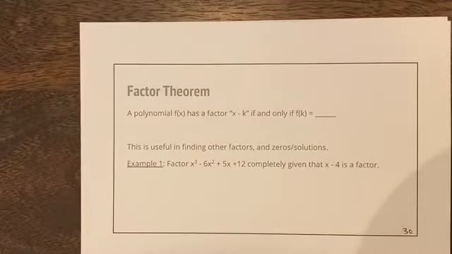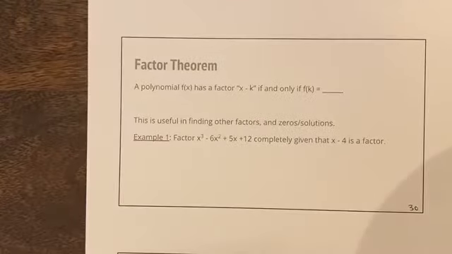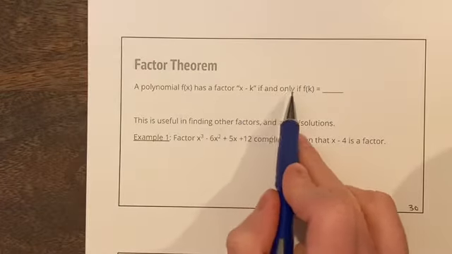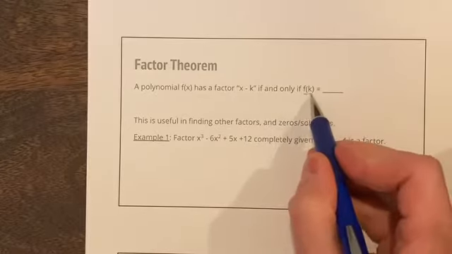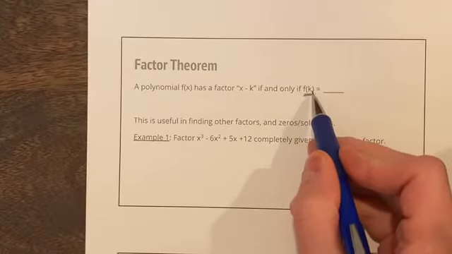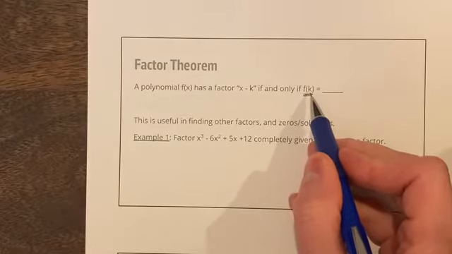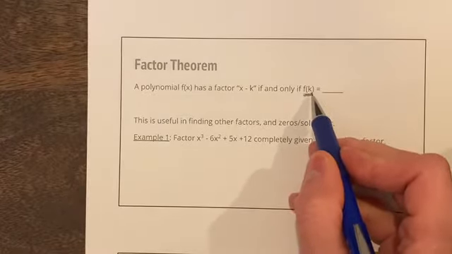Moving on to slide 30, talking about the factor theorem, it says a polynomial f of x has a factor of x minus k if and only if f of k, so remember f of k, that's synthetic substitution we can use, right? So f of k is going to tell us the remainder, right?